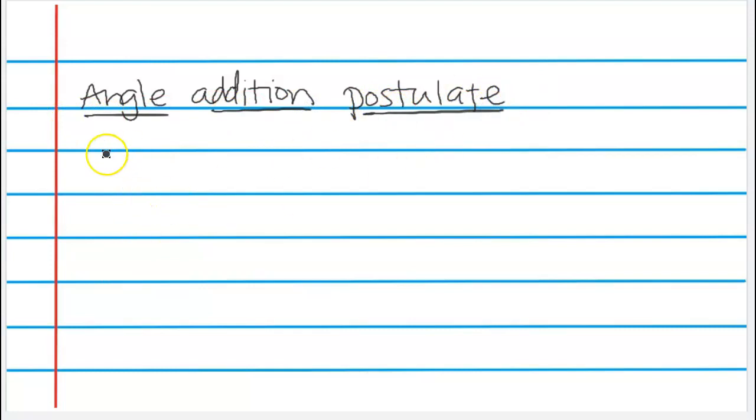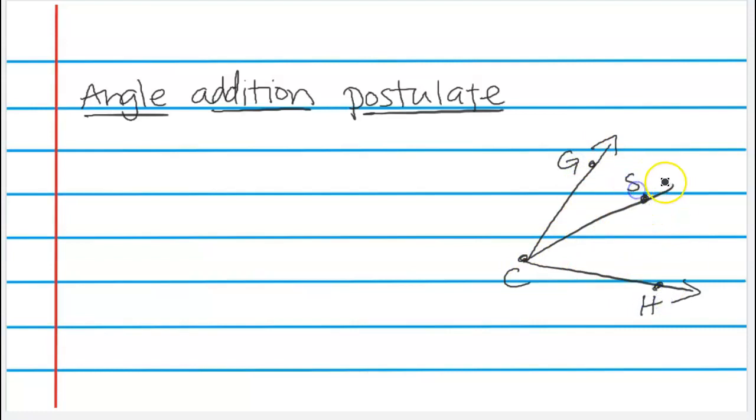All right, and you don't need to, but I'm going to redraw that angle that I was referencing on the other page. So I named that angle G, C, H, and this one was S.